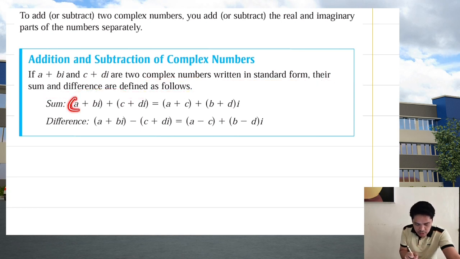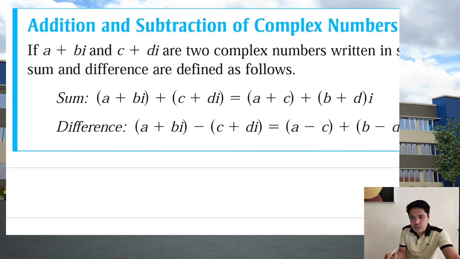So if we have the quantity a plus bi added to another quantity c plus di, we just group the real part and the imaginary part. So we just add the real part and add the imaginary part. For difference, you subtract the real part, then subtract the imaginary part, or the properties in algebra could also be used.